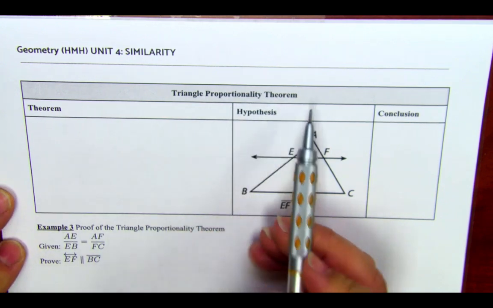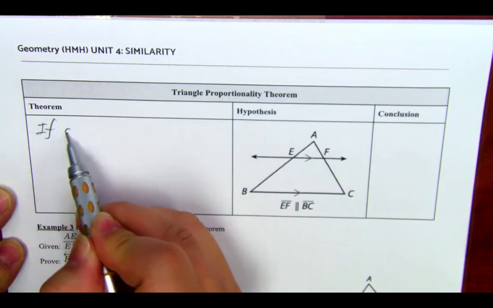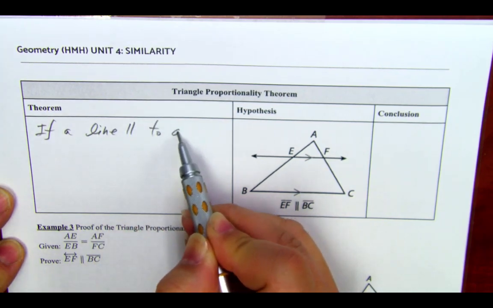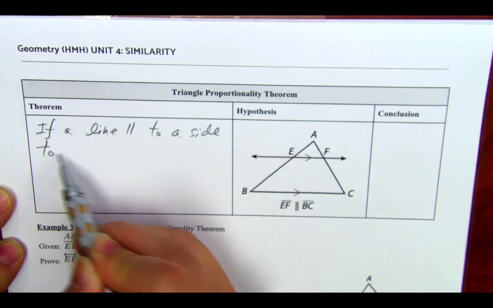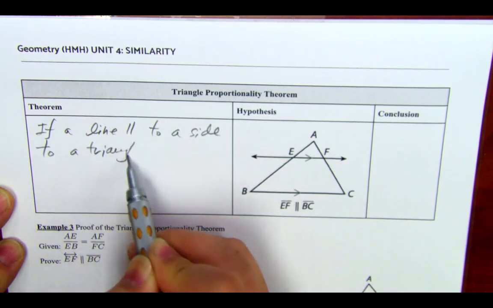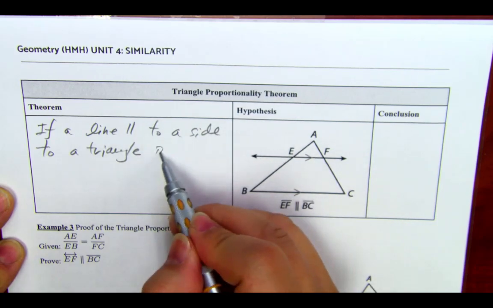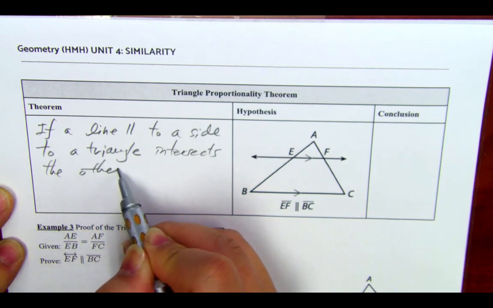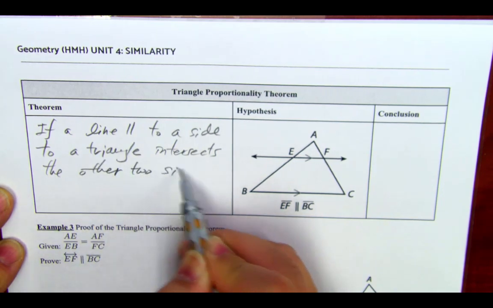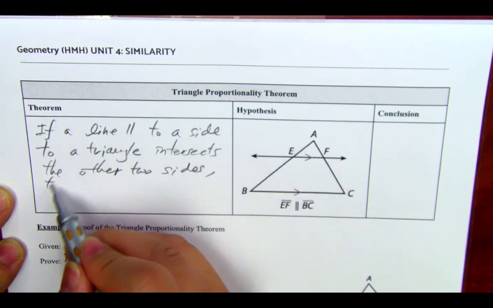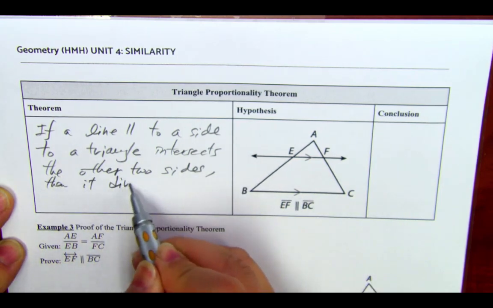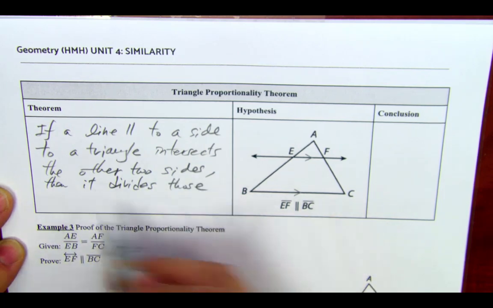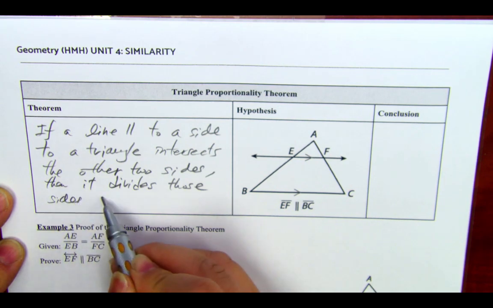So the triangle proportionality theorem says if a line parallel to a side of a triangle intersects the other two sides, then it divides those sides proportionally.